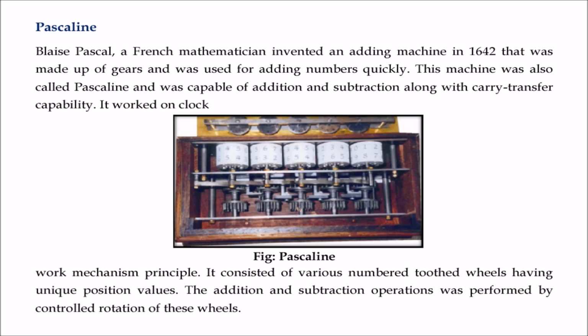Then Pascaline. Blaise Pascal was a French mathematician. He invented an adding machine in 1642, and it consisted of gears so that numbers can be added quickly. This was the Pascaline, and it was able to add and subtract. It also had one more capability, the carry transfer.